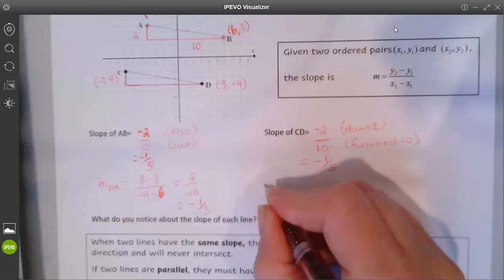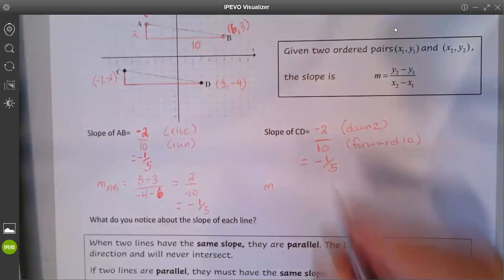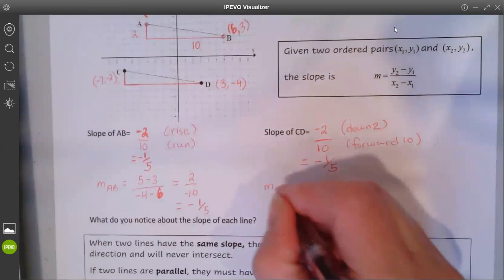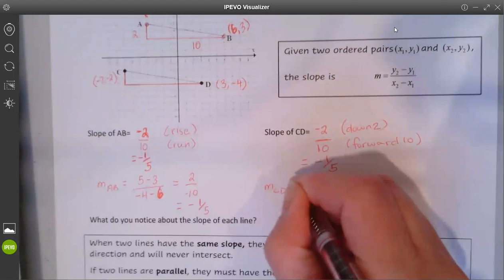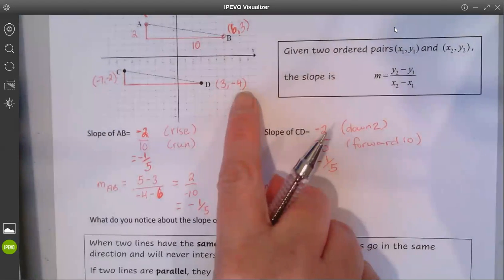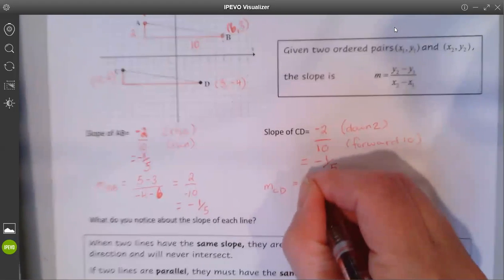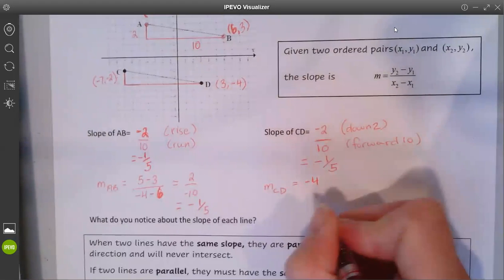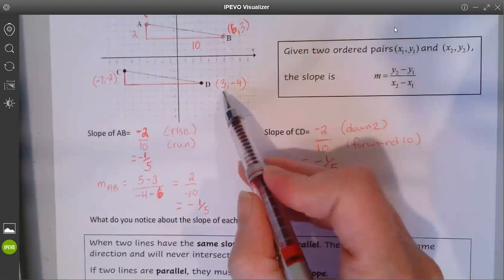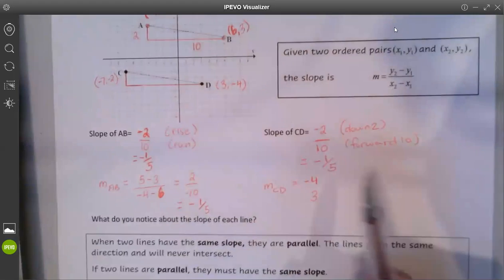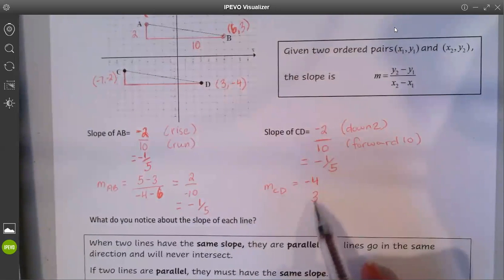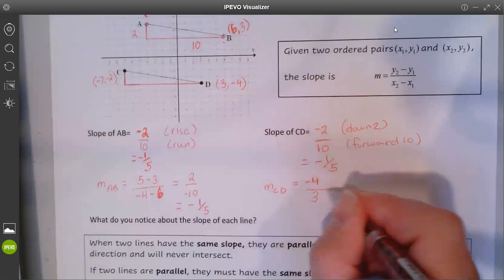So if I want to use the formula for slope using ordered pairs, the slope of CD is equal to, I'm going to start here, negative 4 is my y value, and underneath I'm going to put its partner x, right underneath, because this is important. The order here has to match up. The first two numbers have to come from the same ordered pair.